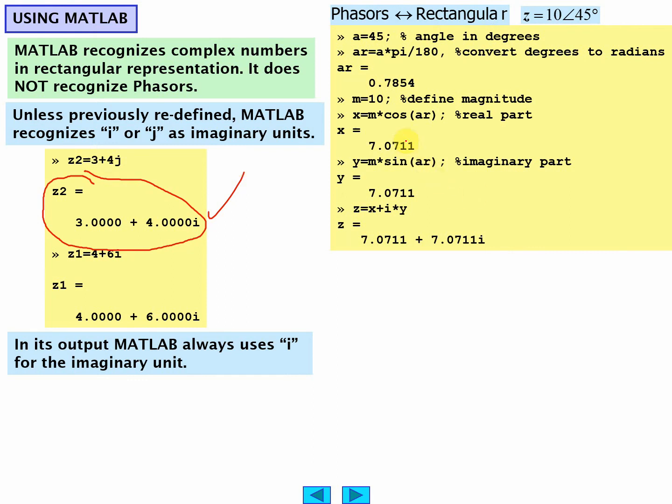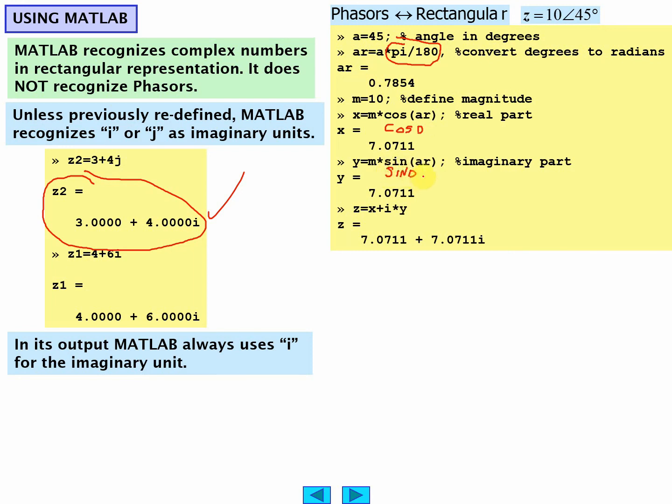The author doesn't know about the pi over 180, like I do quite a bit. I use cosine D, by the way. So if I have angles in degrees, cosine D finds the cosine of the angle in degrees. Sine D, same thing.